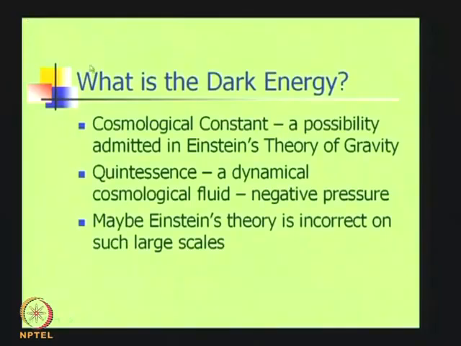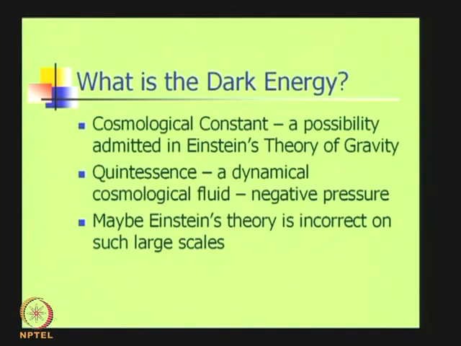Now the question that we are interested in here is, what is dark energy, what are the plausible candidates. One possible candidate is the cosmological constant. The cosmological constant is a possibility that is admitted in Einstein's theory of gravity.